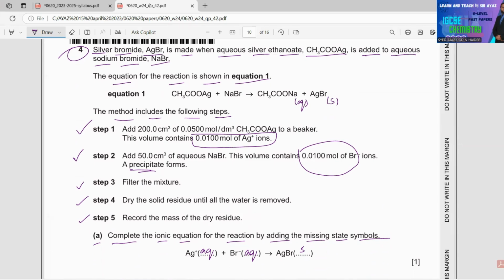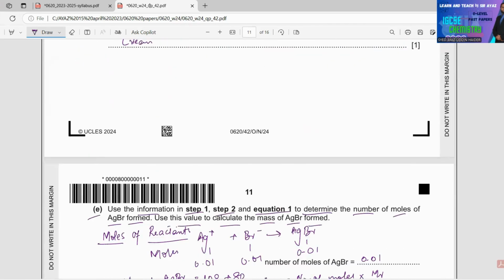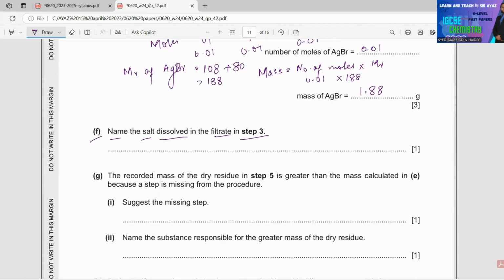It's silver ethanoate on the left-hand side producing sodium ethanoate. So it must be the one which is soluble. So you write sodium ethanoate.